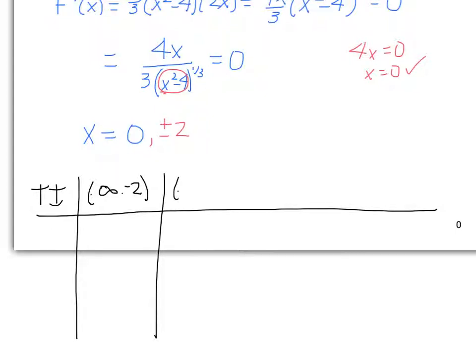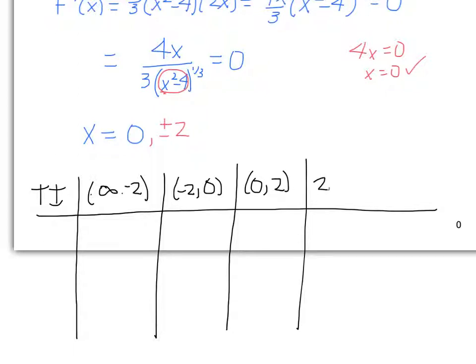Then I'm going to go from negative 2 to 0. Then I have 0 to a positive 2, and then 2 to positive infinity. I'm going to pick test points: negative 3, negative 1, 1, and 3.